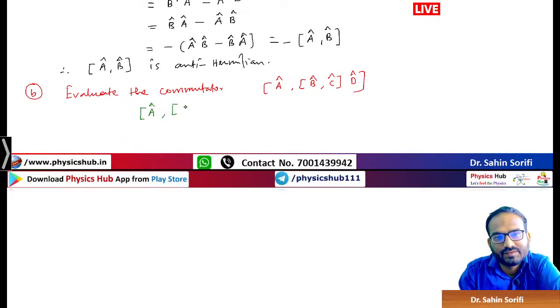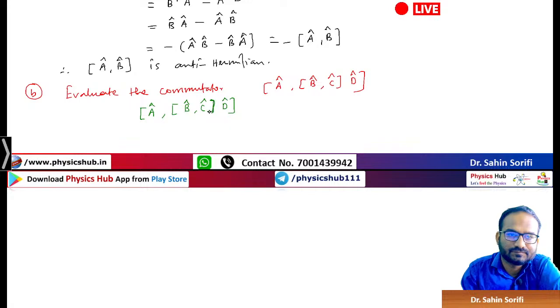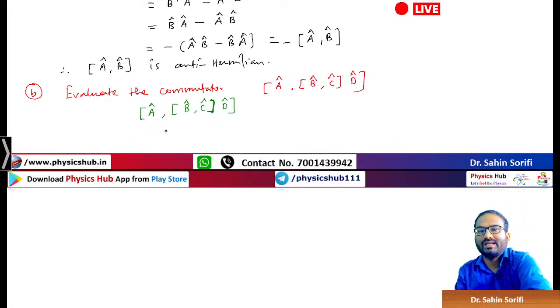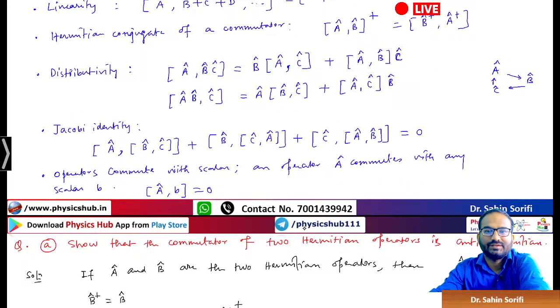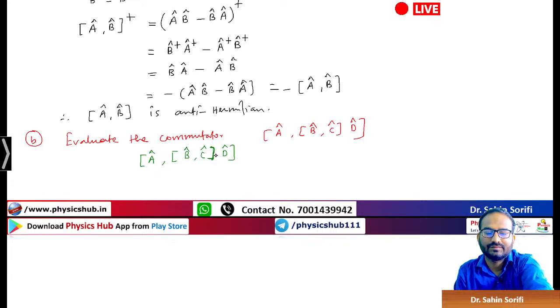What can you write? It is like the earlier property, A, B, C, where B has been replaced by the commutator of two other operators, isn't it? So we will treat this commutator of B, C in that way only.